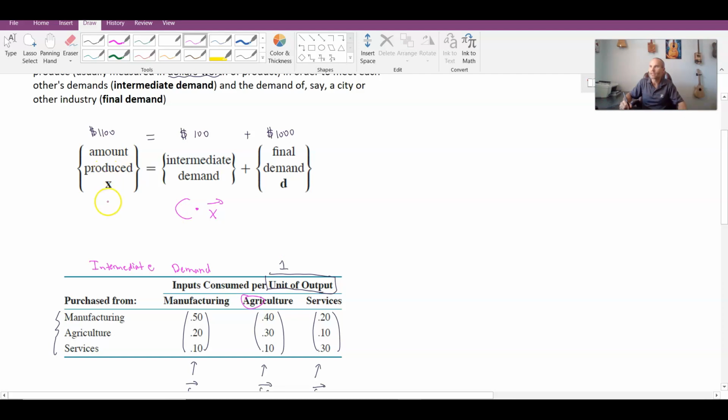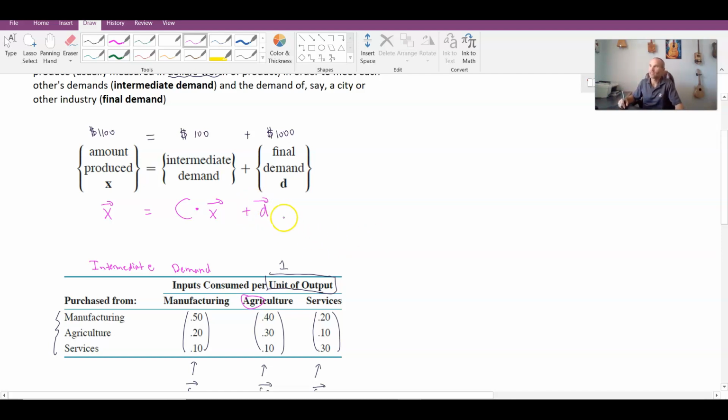And one thing to notice here is that the amount produced has to take into account the intermediate demand, which is odd that for the first time we've ever seen the output actually depends upon the output. How much you produce depends on how much intermediate demand there is, which involves how much is produced by each company, plus this final demand vector, which we'll call vector D.